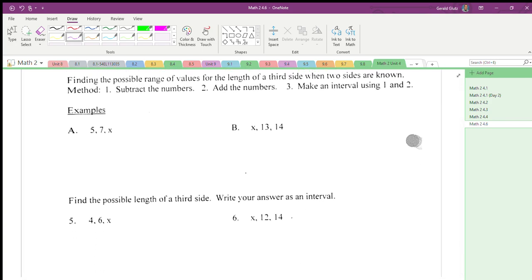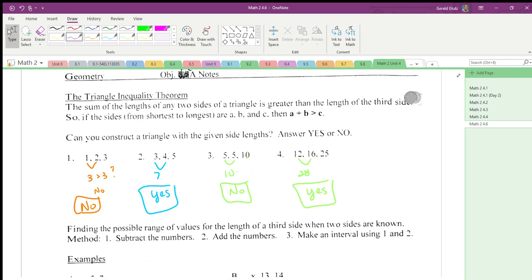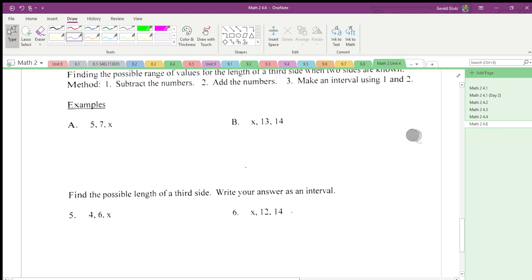So now we need to find possible ranges. In these examples, we know two of the lengths, and then we need to find what could possibly be that third length to make sure that the triangle inequality theorem still works. So if x is the biggest side, if I add 5 plus 7, that's 12. X would have to be less than 12.